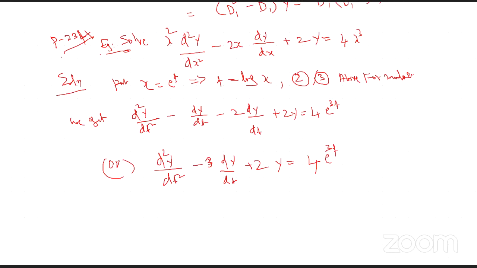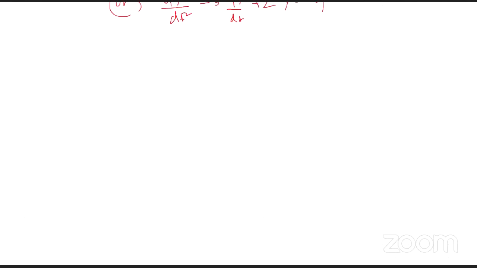This is minus 1 minus 2 equal to minus 3. We can write that differential equation in operator form: D square minus 3D plus 2 of y equal to 4 e power 3t. This is a second order non-homogeneous differential equation with constant coefficients.